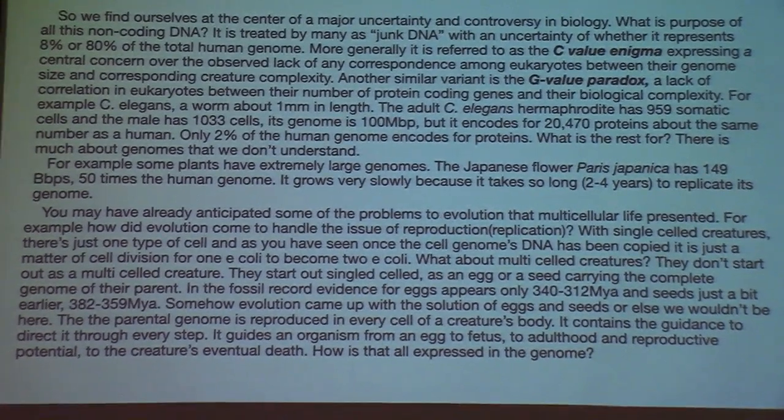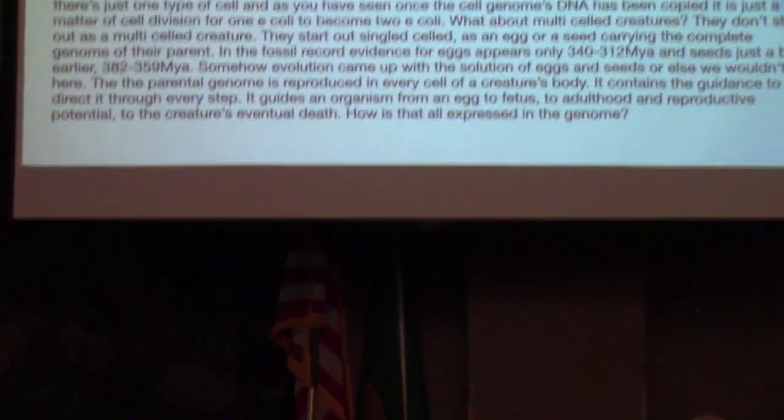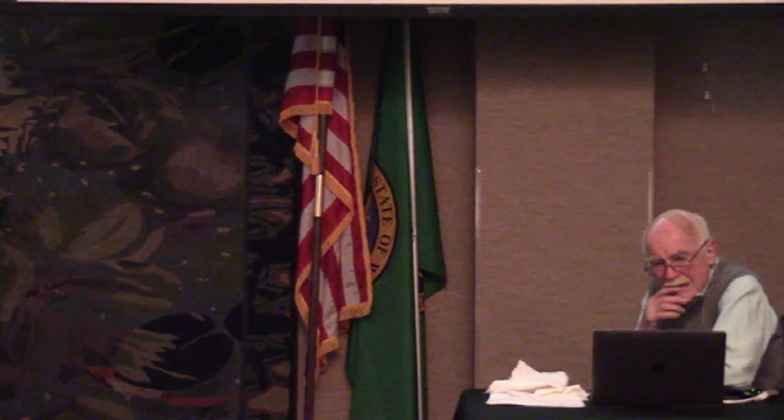Now, you may have already anticipated some of the problems that evolution into multicellular life presents. For example, I have a hard time just understanding how evolution came to handle the issue of reproduction, replication.